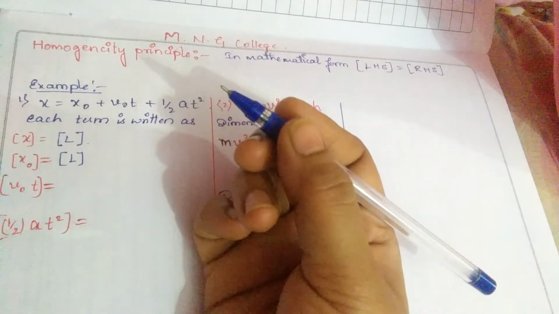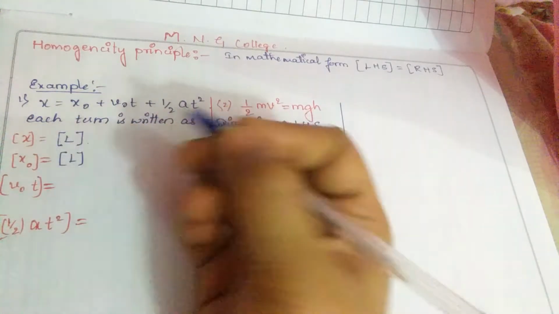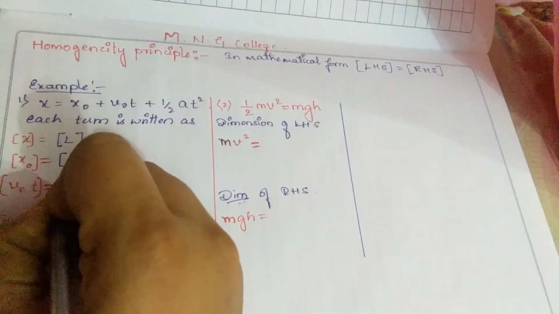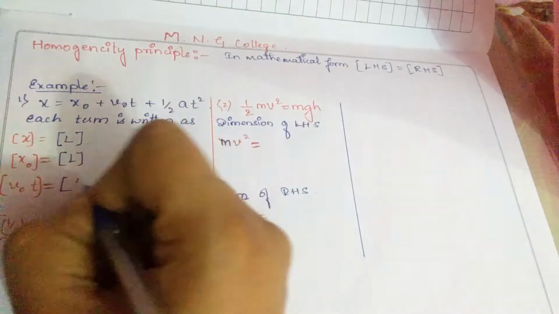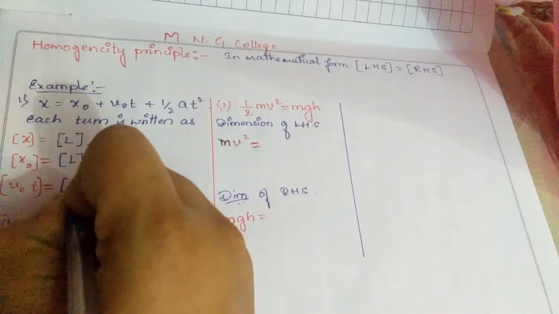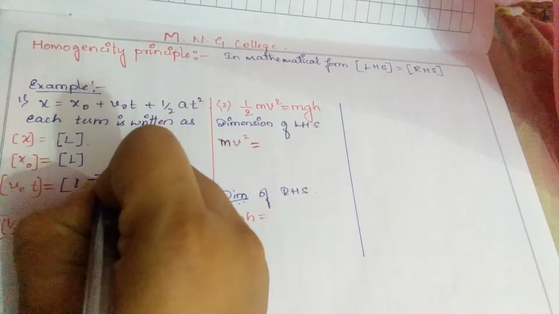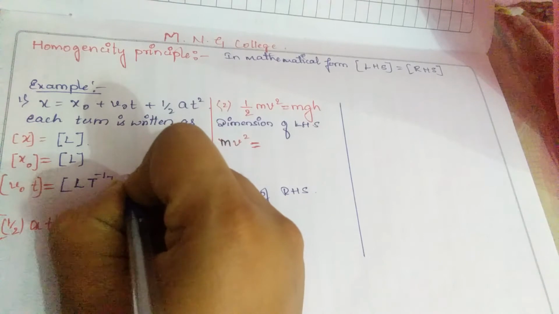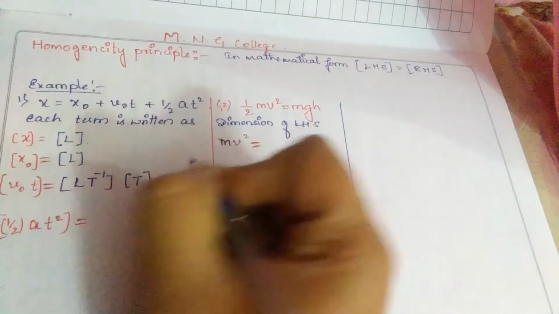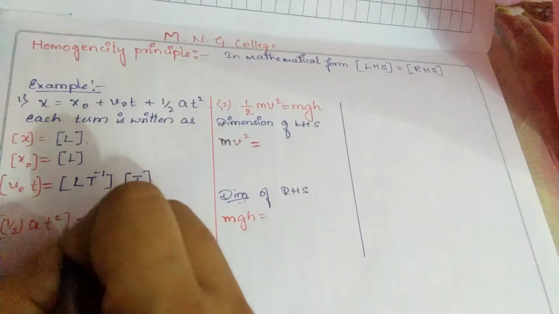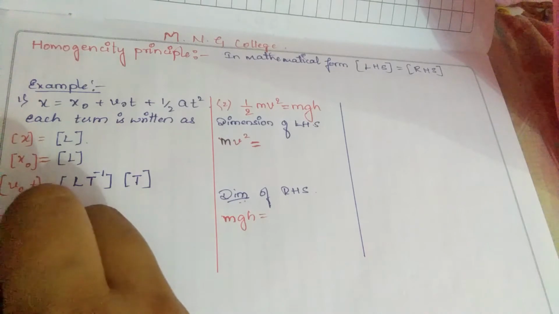Then what is v naught? v naught is the velocity of a particle. Generally we know that velocity is meter per second. So in the dimensions, meter means L, per second means T to the power of minus 1. Next, the time t is T. Here half is a constant value, so there are no dimensions for constant numbers.